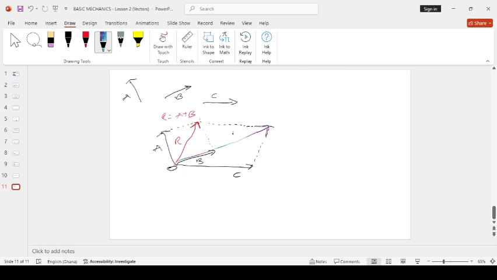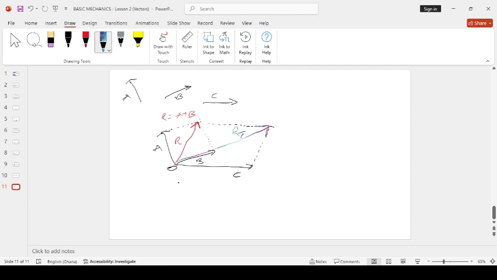So let's say this one now becomes our total resultant, say RT. This is the total resultant of adding vector A, vector B, and vector C by the parallelogram law.